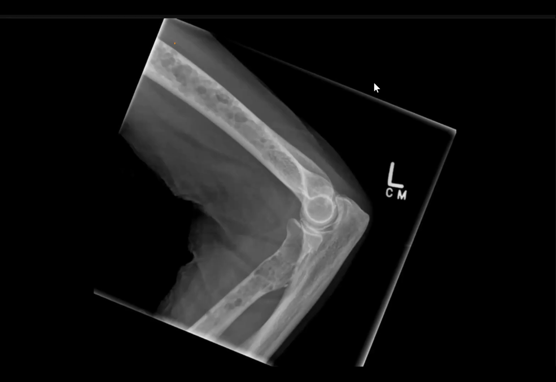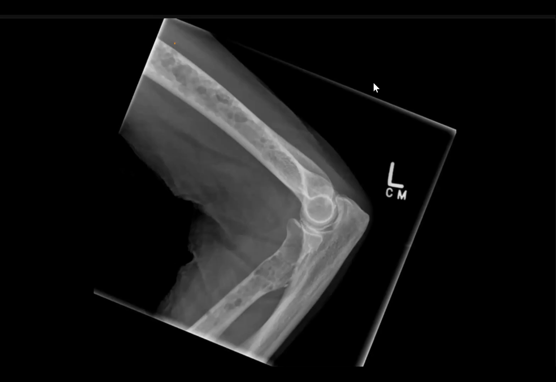There is a suspicion of cortical breach in the proximal radius, the radial proximal metadiaphysis, with some periosteal reaction and soft tissue swelling also. However, the ulna appears to be spared. The joint is also normal. There is no other area of cortical breach.